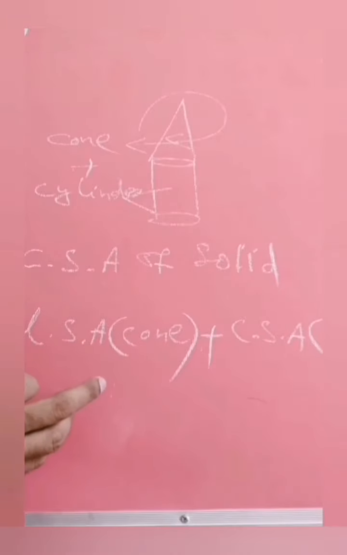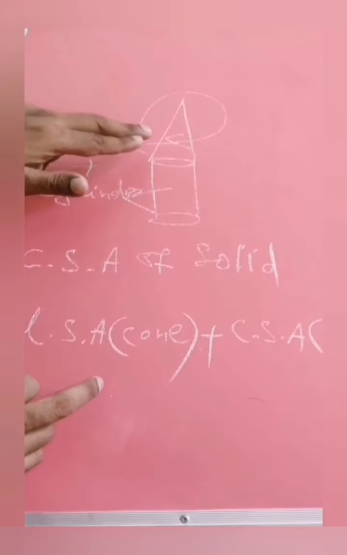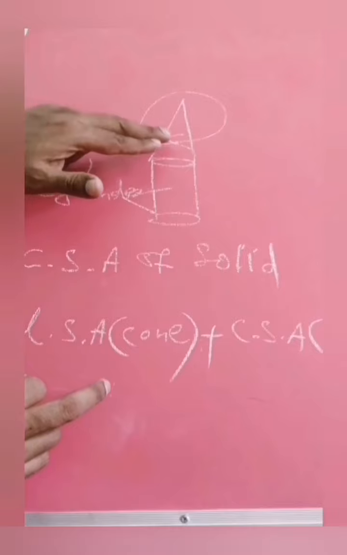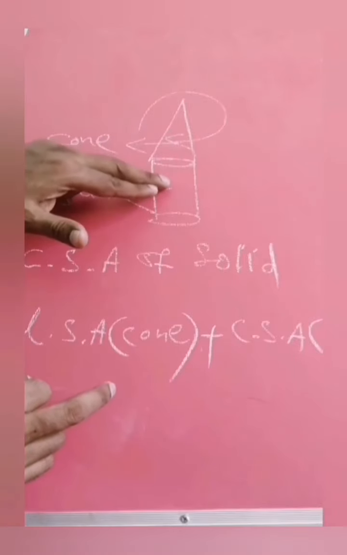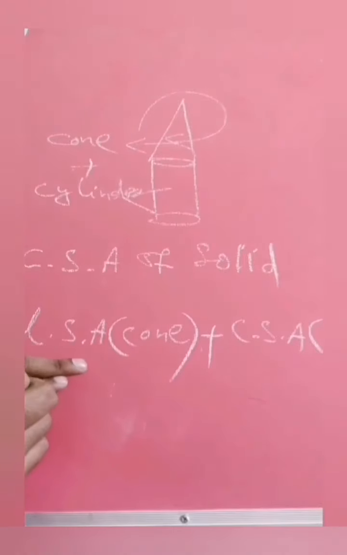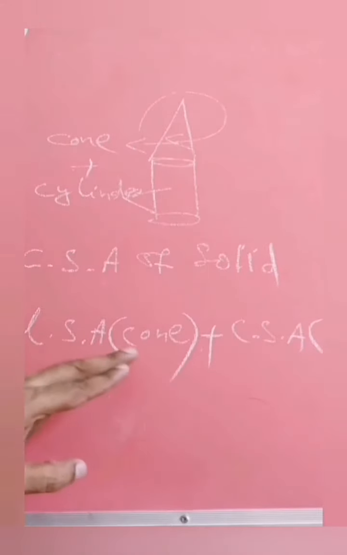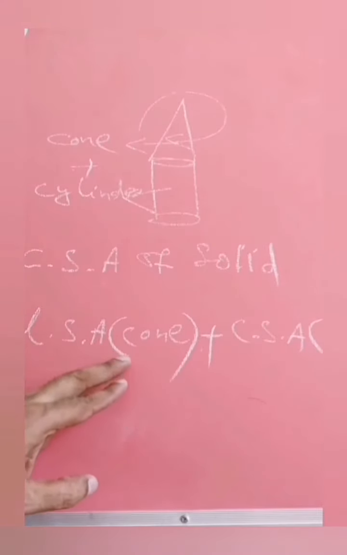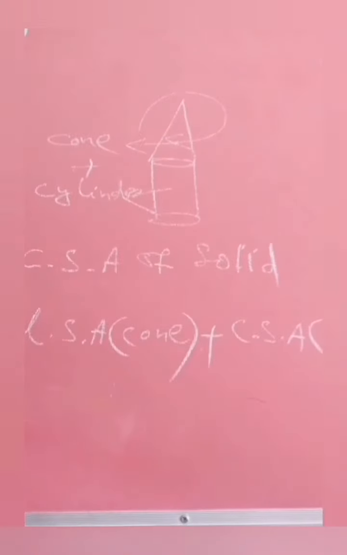Just as you are finding the curved surface area of the solid, you are exposed with two surfaces only, therefore you have to find the area of two surfaces, of the cone and of the cylinder.